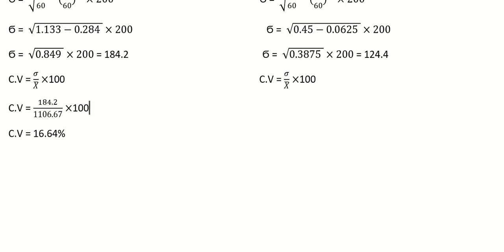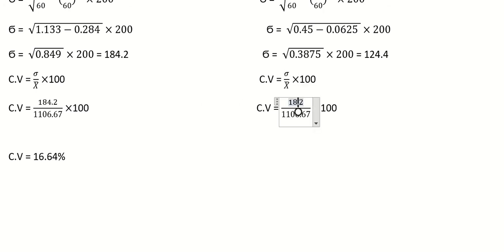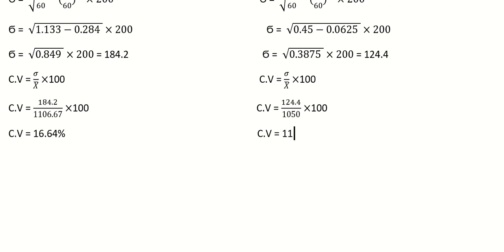Let's see what we will get here. Company B's standard deviation is 124.4, divided by mean is 1050, into 100. So here we calculate the CV. So the CV here is 11.85 percent.